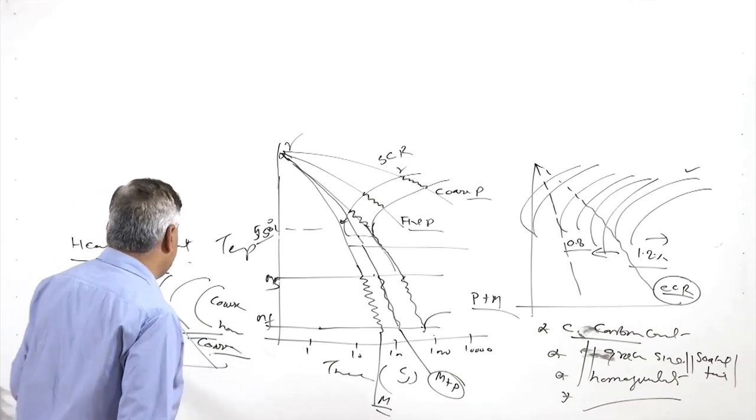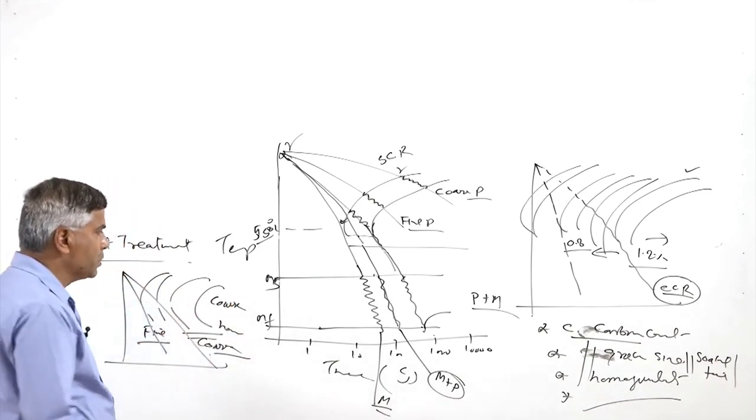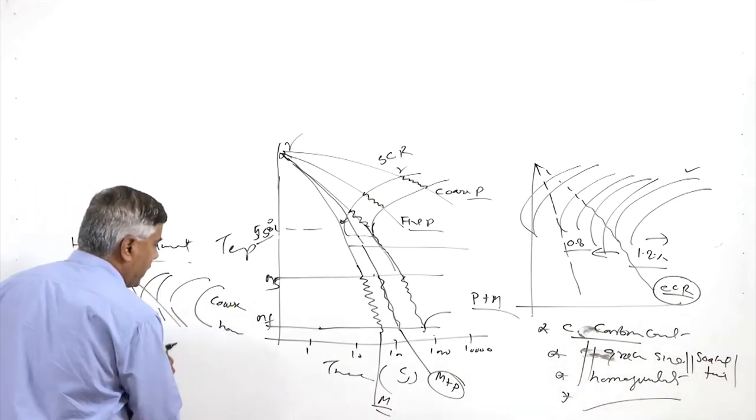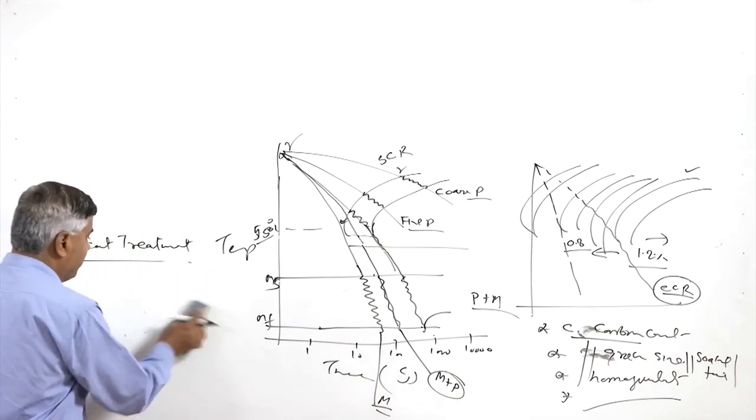So, from the hardening point of view, it is always preferred to have the coarser grains, which can be realized through the higher soaking temperatures.